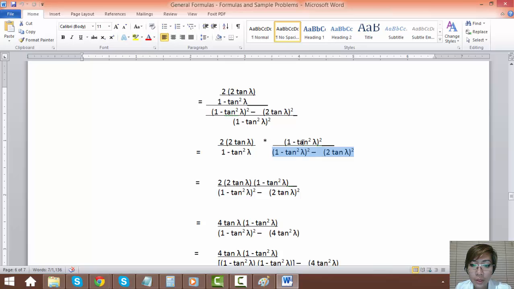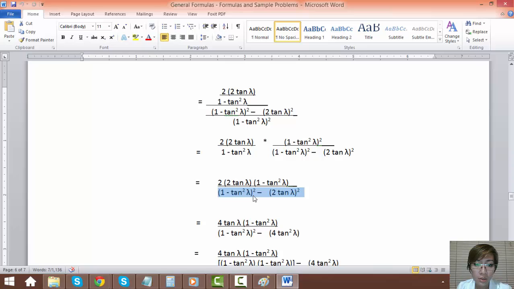We are left with 1 minus tangent squared lambda, no more squared. So therefore the terms in the numerator now are 2 times 2 tangent lambda times 1 minus tangent squared lambda, and this one is already omitted. Therefore we are left with 1 minus tangent squared lambda raised to the second power minus this term.